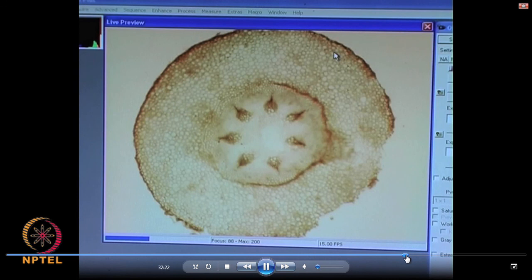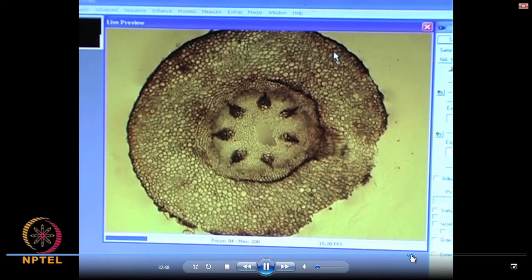Now, we will change to phase contrast mode, and you see a significant increase in the contrast. This is the banyan tree root cross section. You can see the details of all the plant cells.